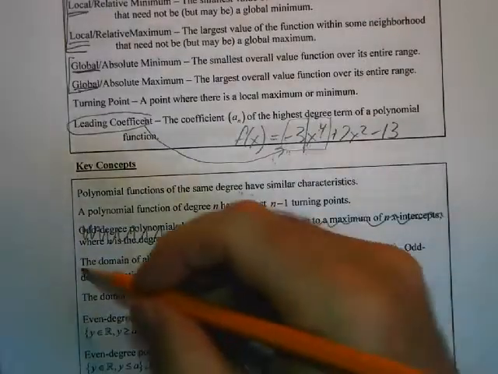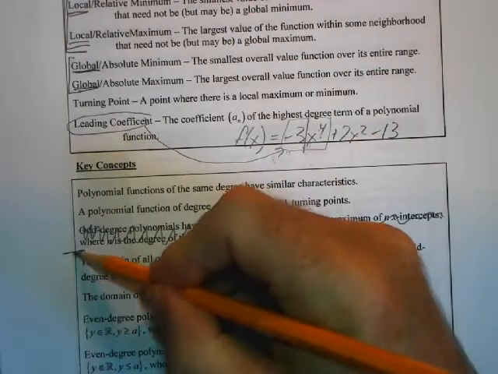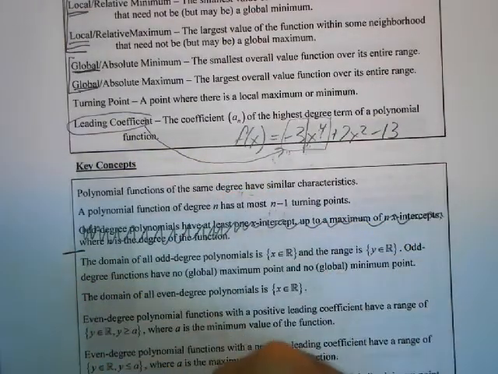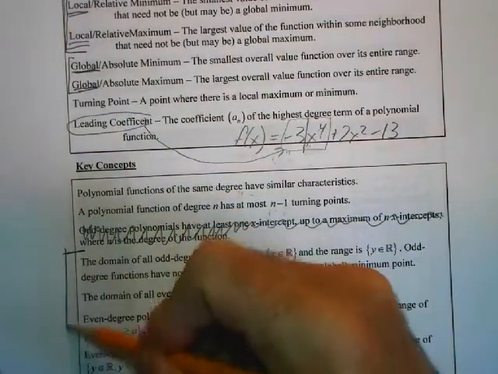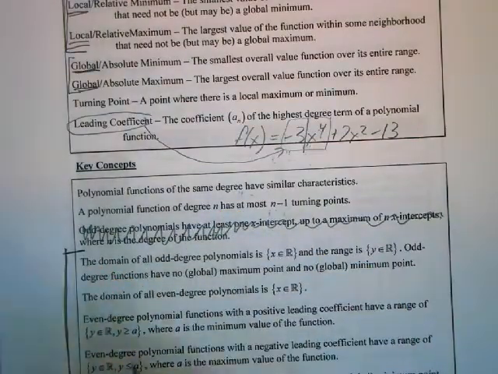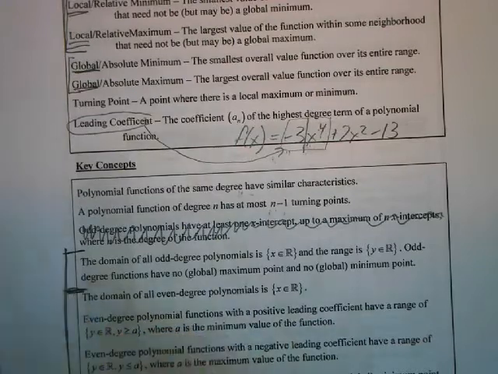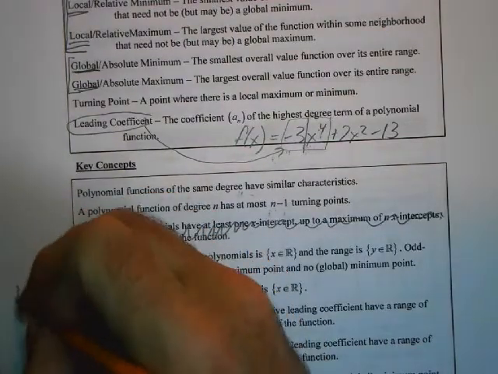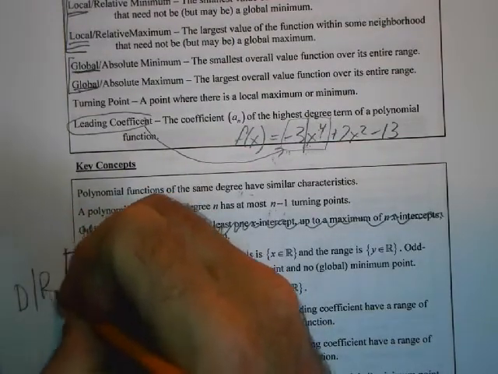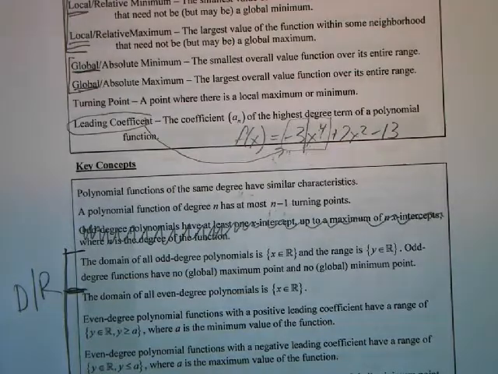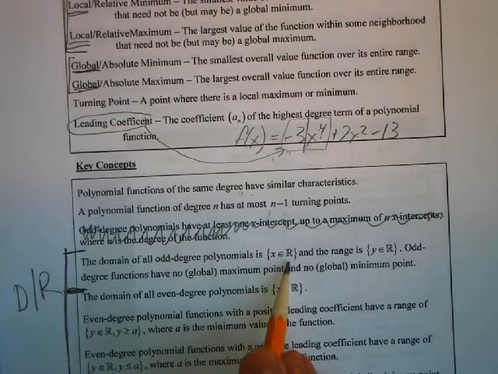Now the next few here, I'm going to group all these down to here. These concepts all have to do with the domain and range, so I'll just put a DR here. The domain of all odd degree polynomials is x can be any real number.